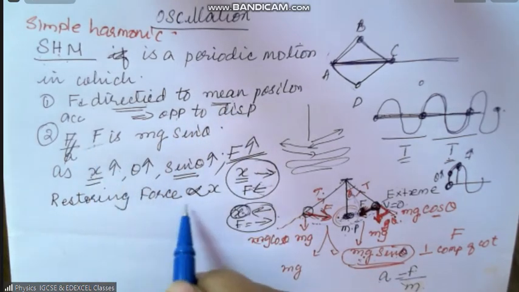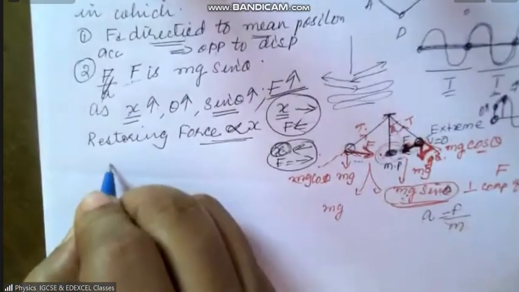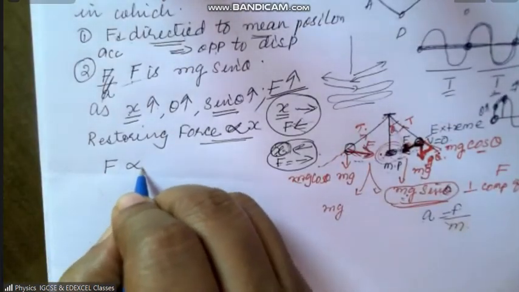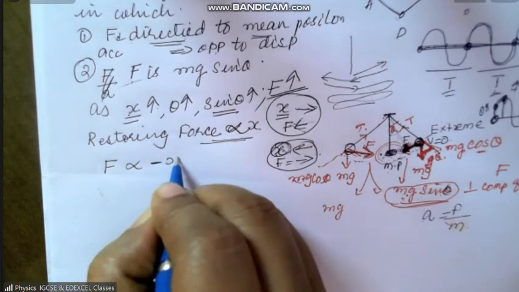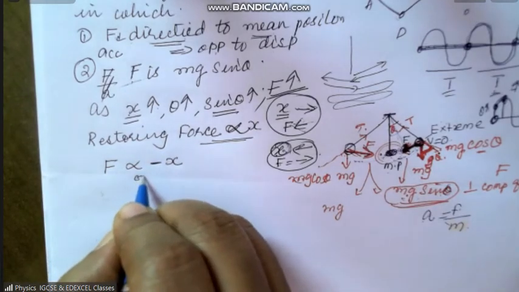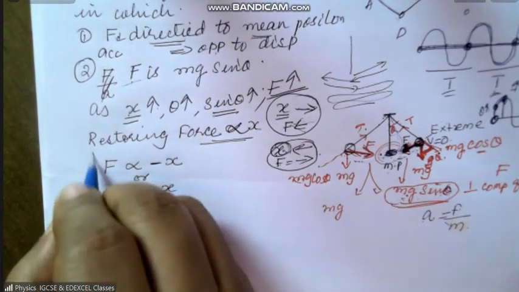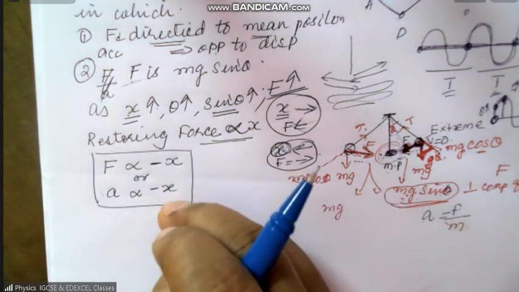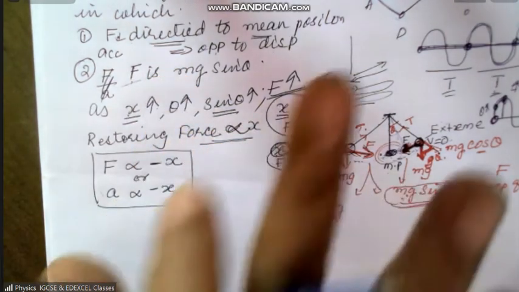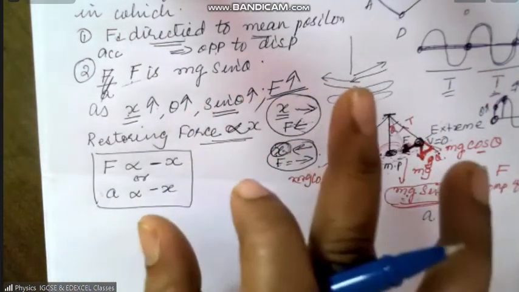Second, force is directly proportional to displacement. So combining these two, we can write the force is directly proportional to the negative of displacement, or acceleration is directly proportional to the negative of displacement, right? If this is satisfied, then only can you say any motion is simple harmonic.